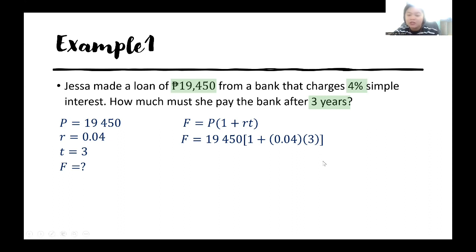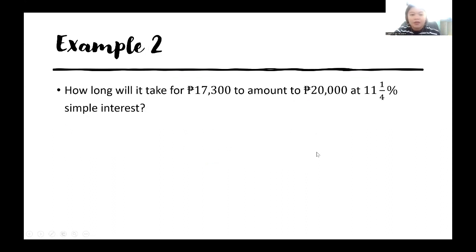So practice inputting it that way. Then you will get the maturity value of 21,784. So for the 19,450 you borrowed, after 3 years you will pay 21,782. Alright, let's move on to example number 2.